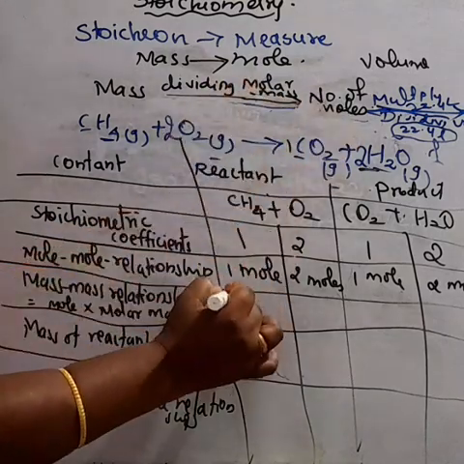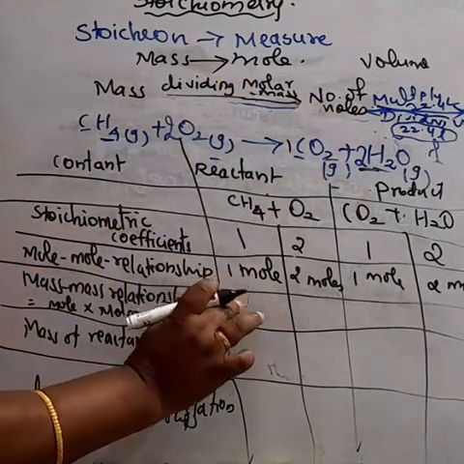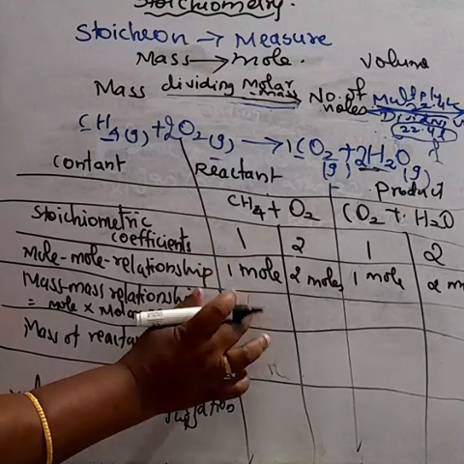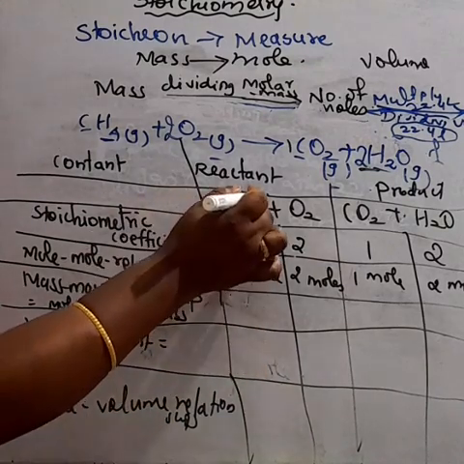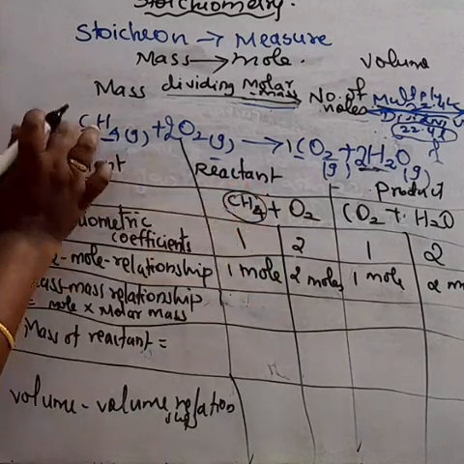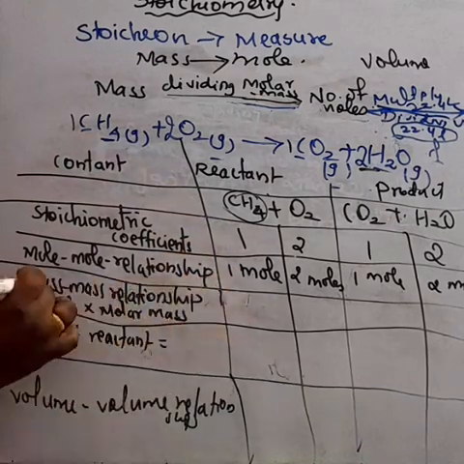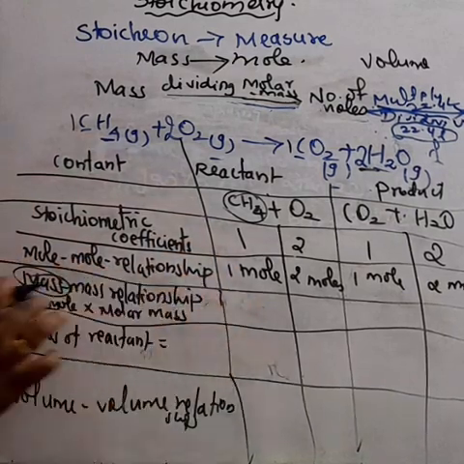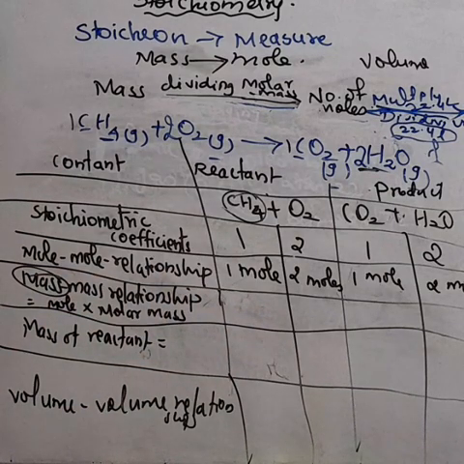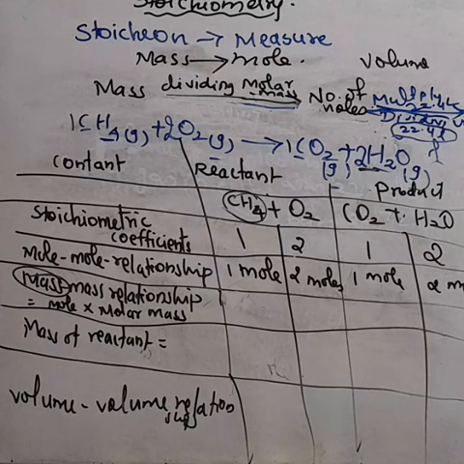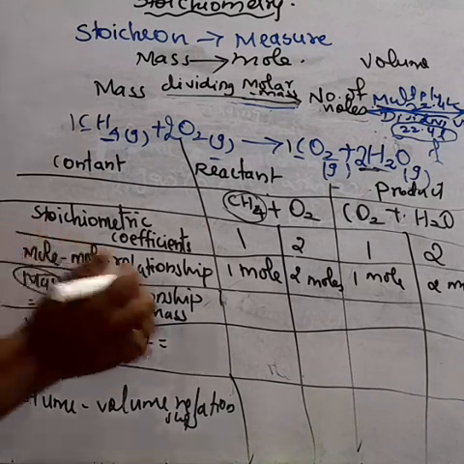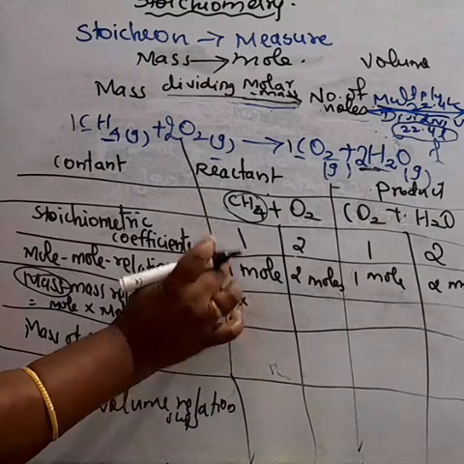So for methane, how many grams of methane react here? How can we calculate the mass? Number of moles into molar mass. The number of moles here is 1 mole, into the molar mass of methane.